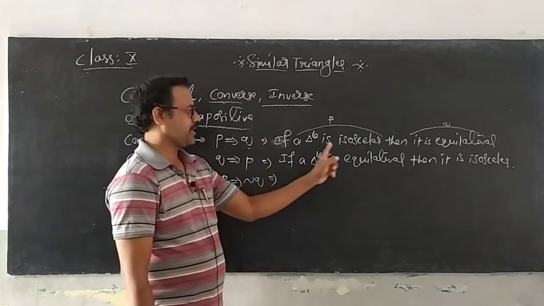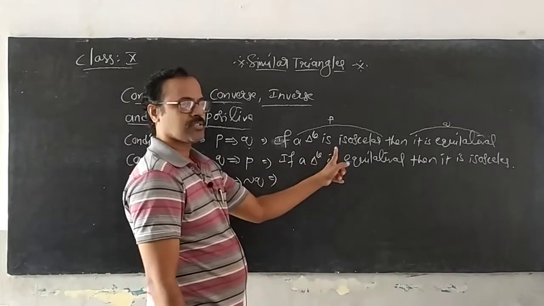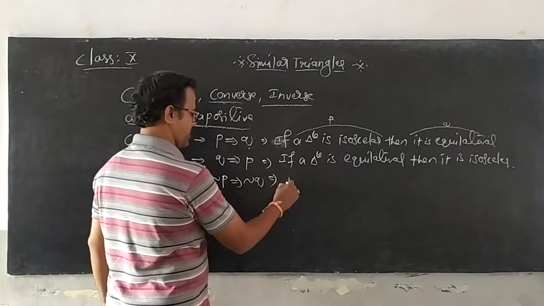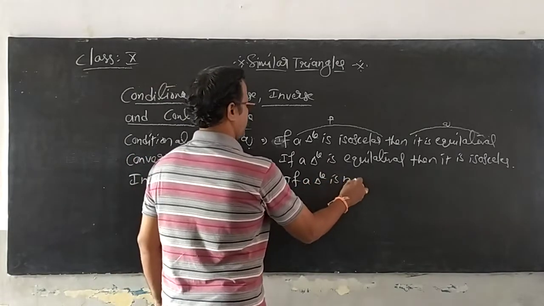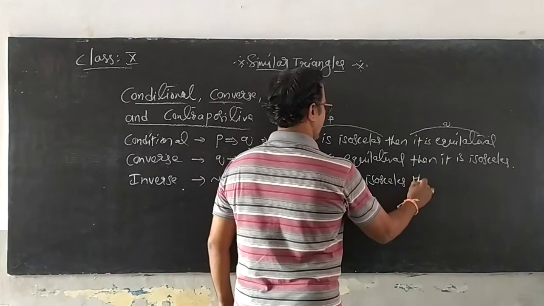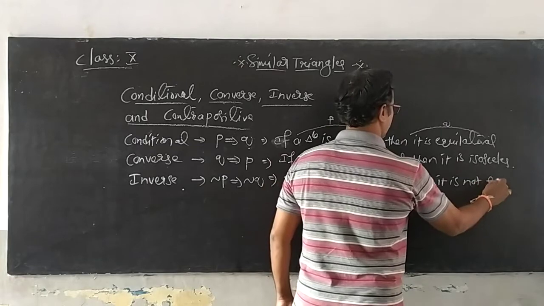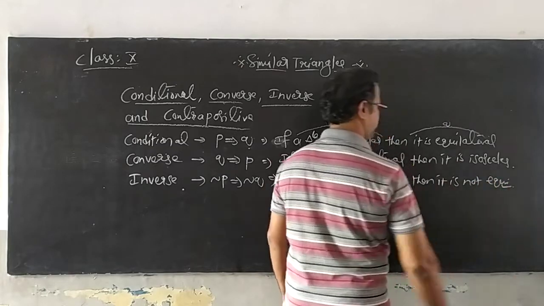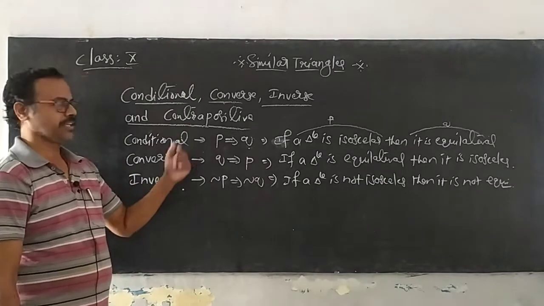So if a triangle is isosceles, its negation is: if a triangle is not isosceles, then it is not equilateral. This is called the inverse of the given conditional.